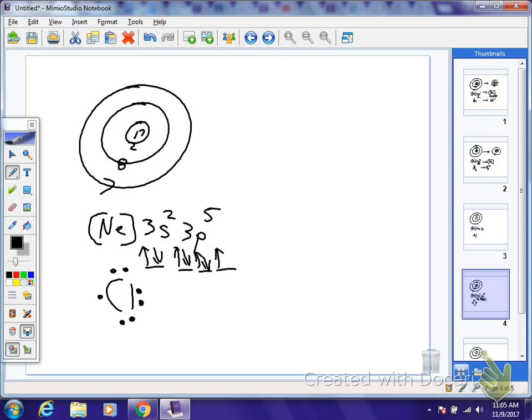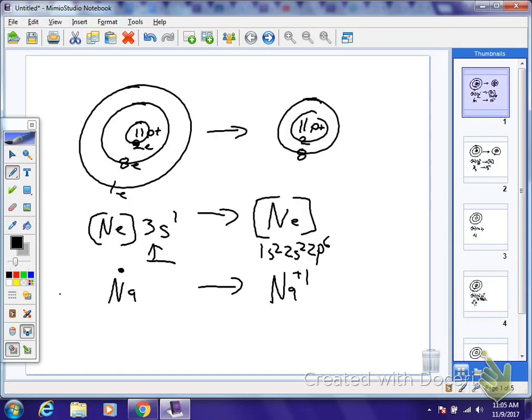And this is the electron configuration for it. Okay, it's in the same period. It also has a higher electron affinity. Chlorine has a higher electron affinity, wanting an electron. Sodium has a lower electron affinity. It doesn't really require or need to have an extra electron.